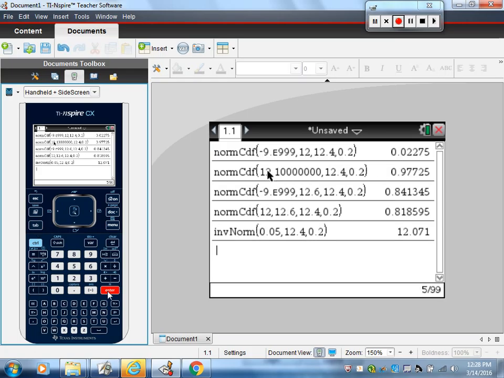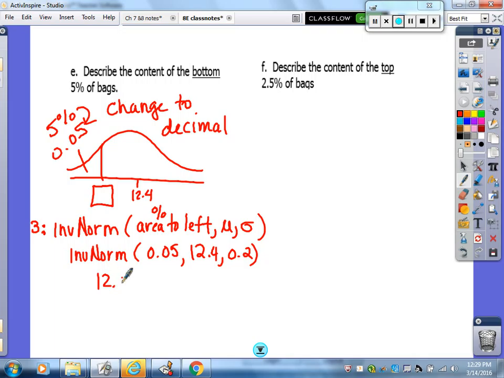So this is a cutoff across the bottom. All right, so let's round 3 decimal places. 12.071 ounces. So the cutoff for the bottom 5% is this value. 5% of the bags are going to have 12.071 ounces or less.